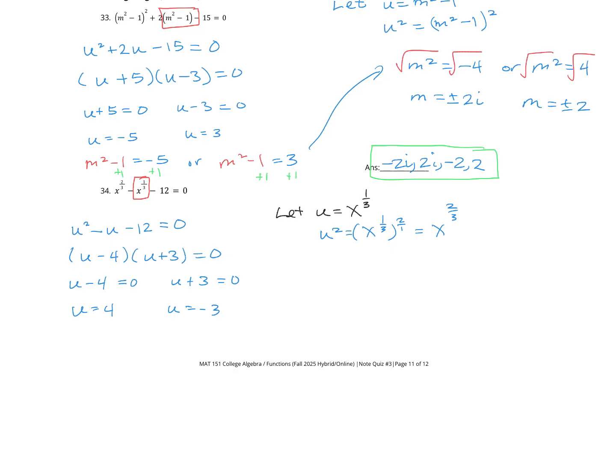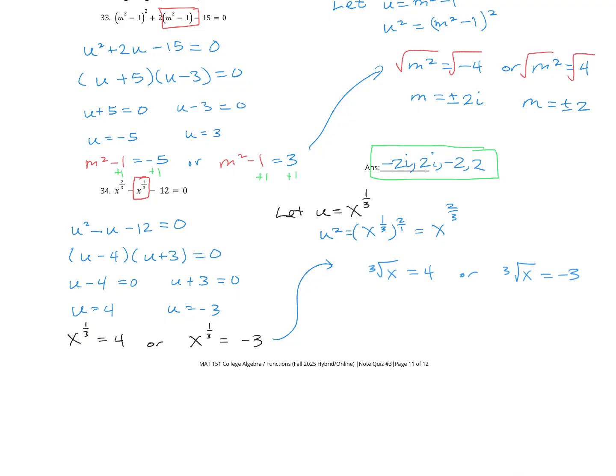So since the u is x to the 1/3, we rewrite this as x to the 1/3 equals 4. Or it's x to the 1/3 equals negative 3. Well, if you're a little rusty with your fraction exponents, don't fear. We can just rewrite that as a cube root. It's really the cube root of x that equals 4, or it's the cube root of x that equals negative 3.